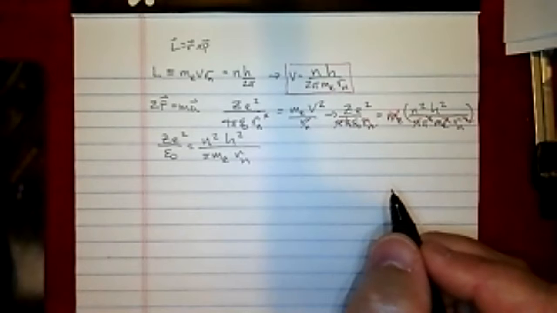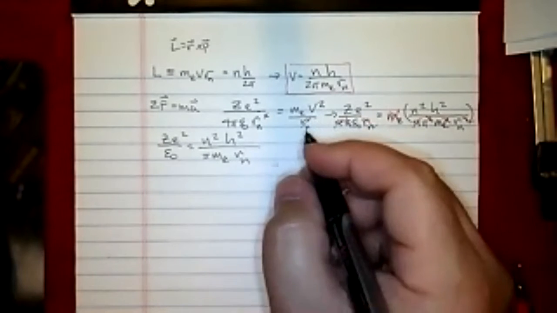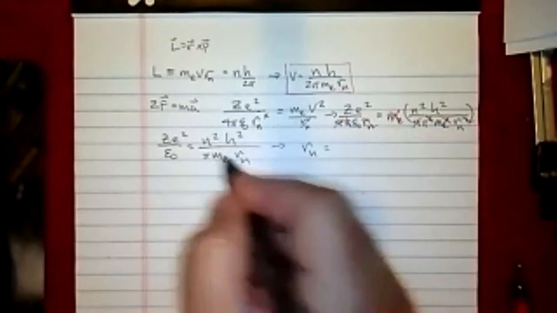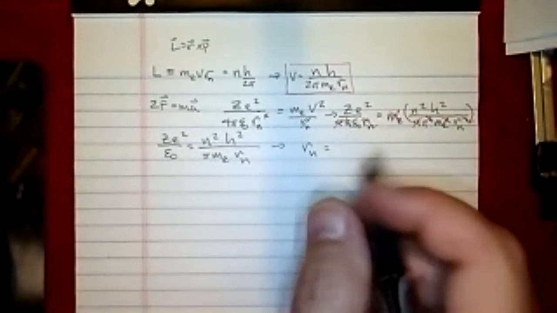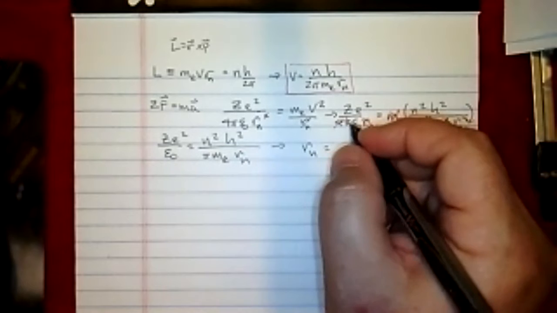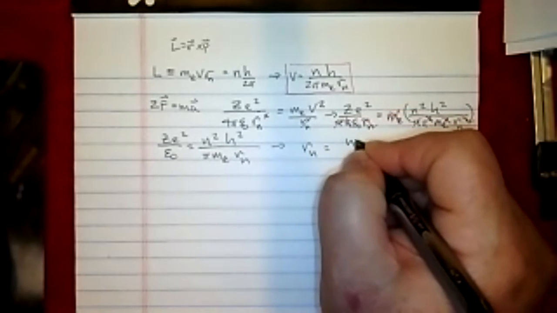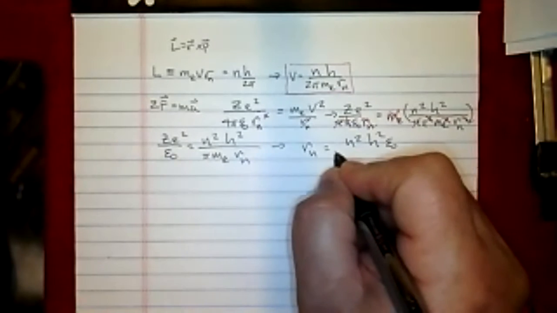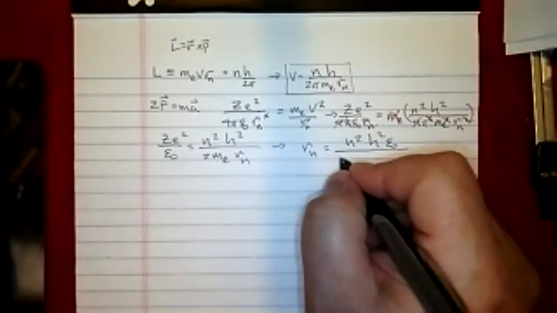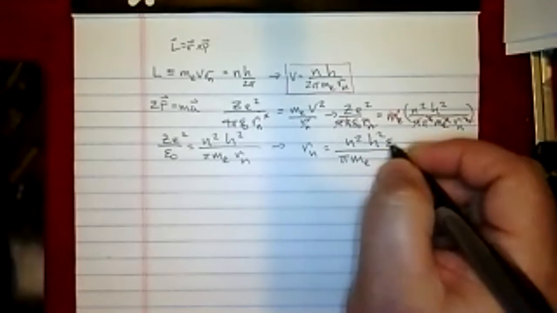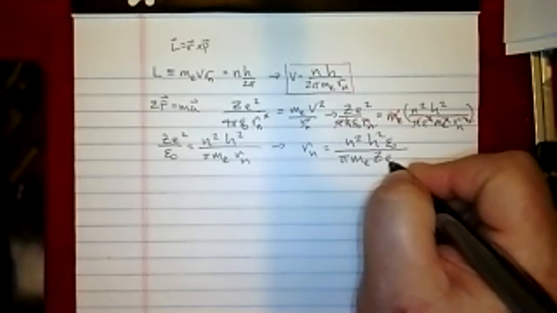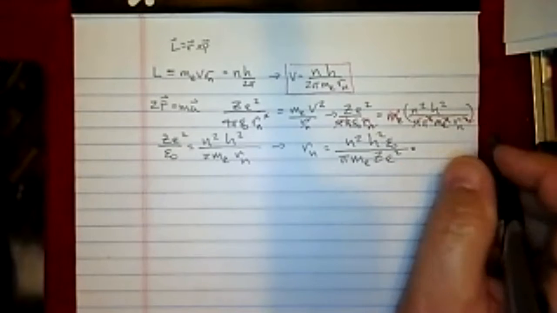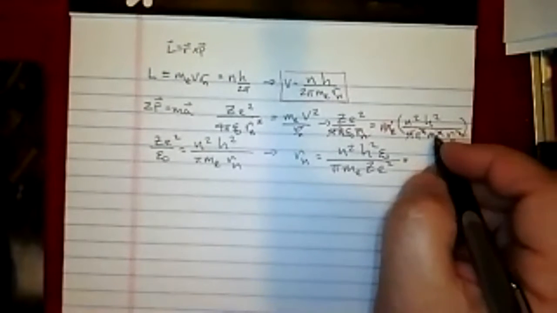And in fact, that allows me to solve for Rn. Doing so, Rn is going to come on this side and everything else is going to come down on the bottom. I'll end up getting n squared h squared epsilon 0 over pi m sub e Z e squared, which we might want to write in a way that lets us know the dependence on n.